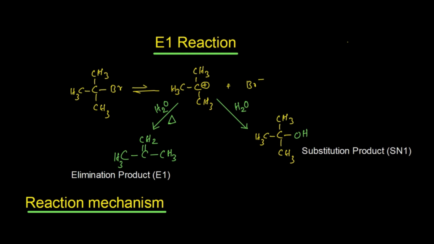In the last lectures we have discussed various substitution reactions like SN2, SN1 and the factors affecting the rate of SN2 and SN1 reactions, followed by the stereochemical outcome of SN2 and SN1 reactions.